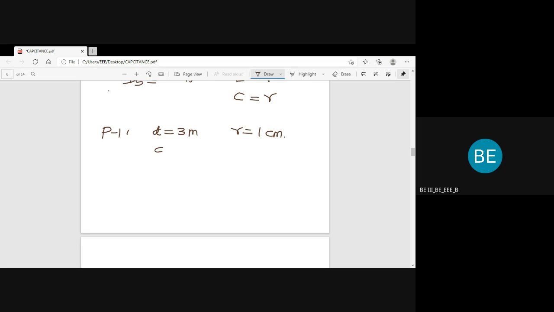Calculate capacitance per kilometer. Just assume epsilon naught is 8.854 into 10 power minus 12 farad per meter.